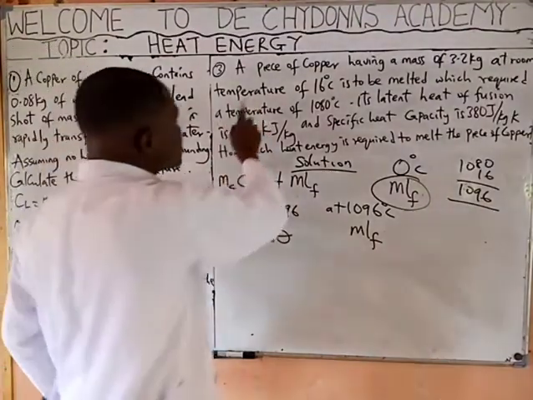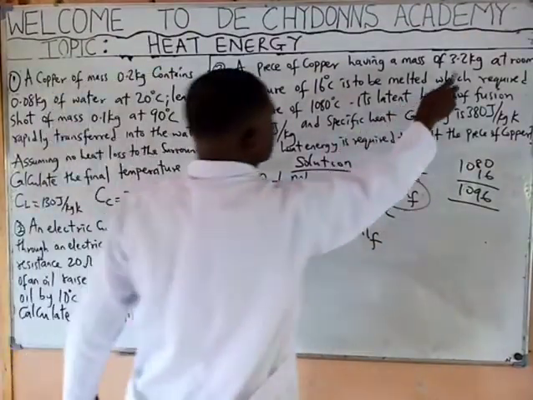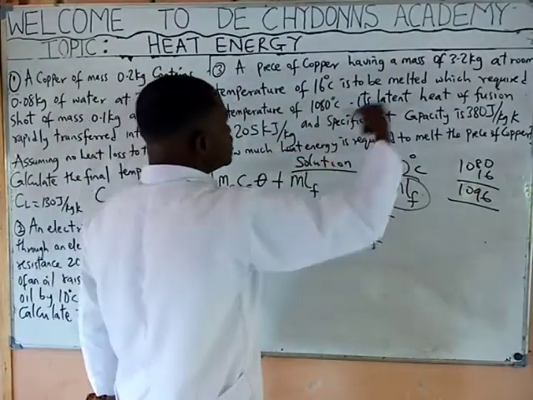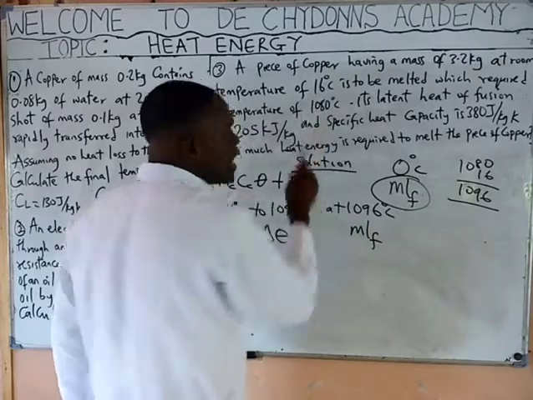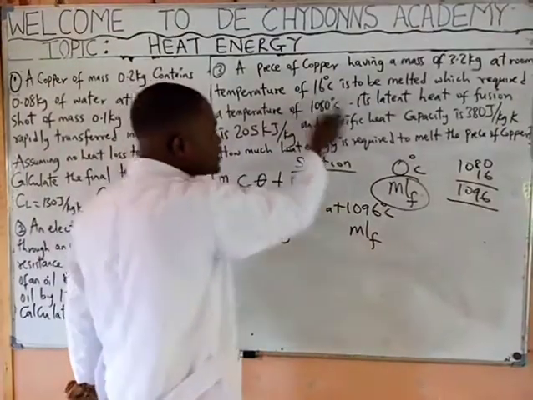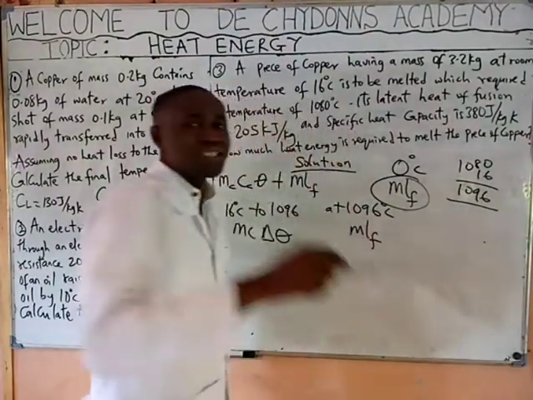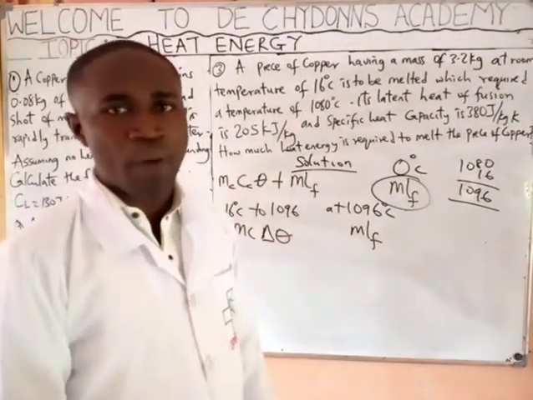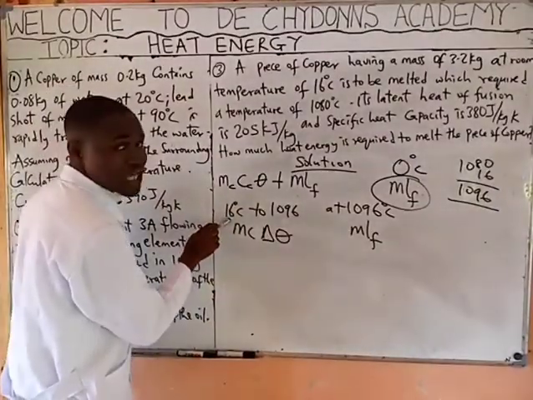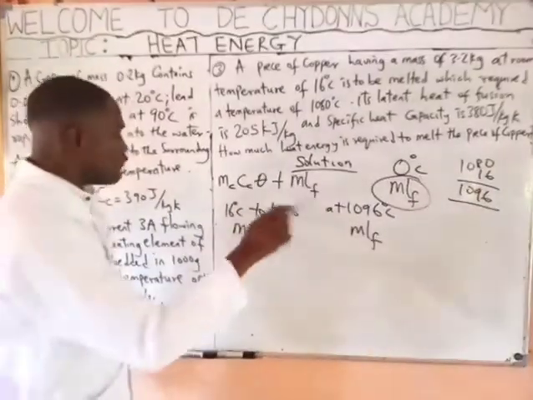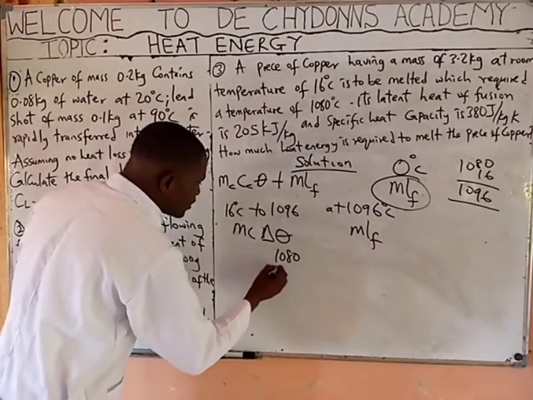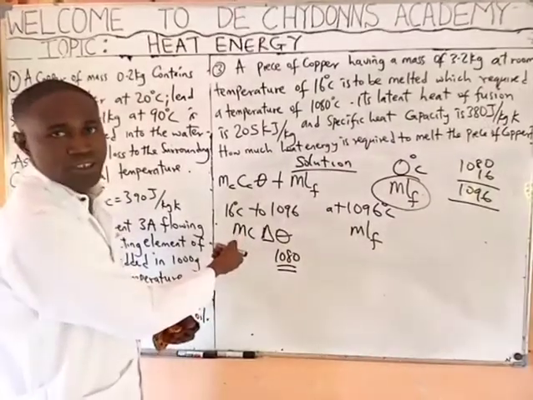Since the question says that the copper is at 16 degrees Celsius and it used a temperature of 1080 to melt it, it means that 1080 plus 16, 1096, is the full melting point of copper. That is, for you to melt copper, you must move from 16 degrees Celsius to 1096, so the change in temperature is 1080. That is the temperature required to melt it.